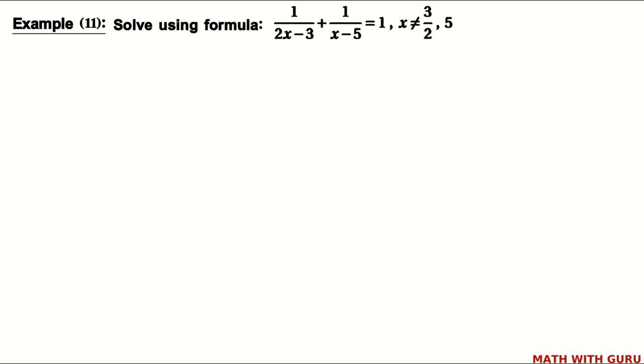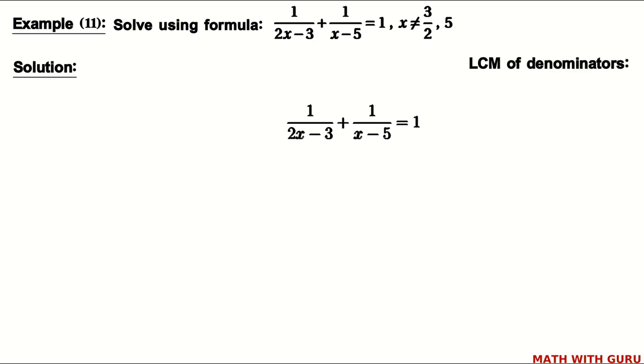Consider one more last example. Solve using formula. 1 over 2x minus 3 plus 1 over x minus 5 equals 1. Here again, we need to get rid of the denominators. LCM of the denominators is 2x minus 3 into x minus 5.